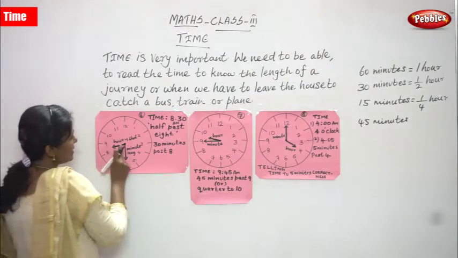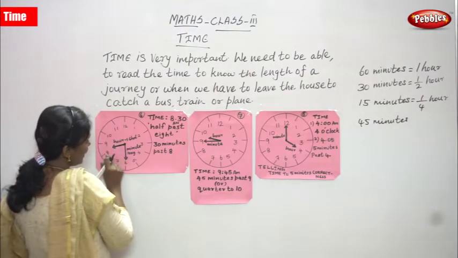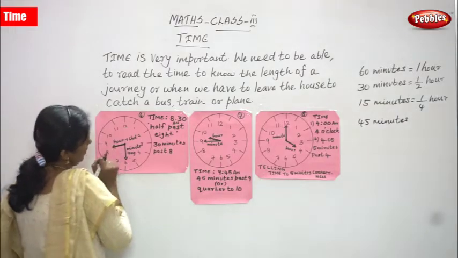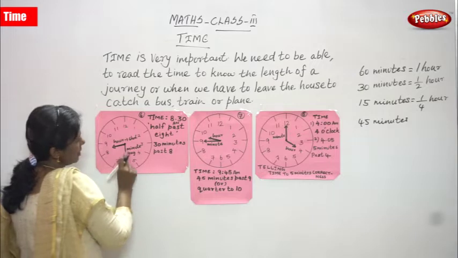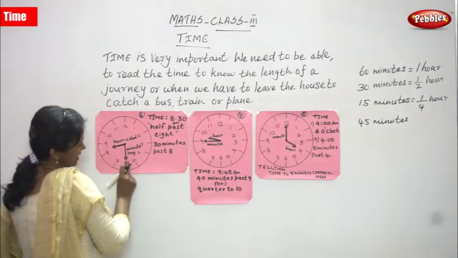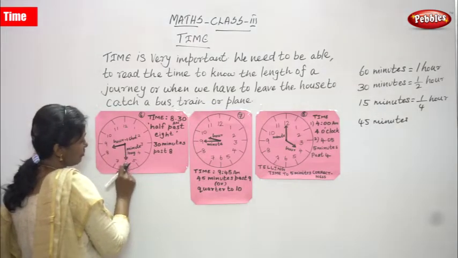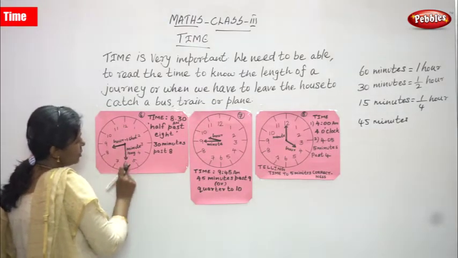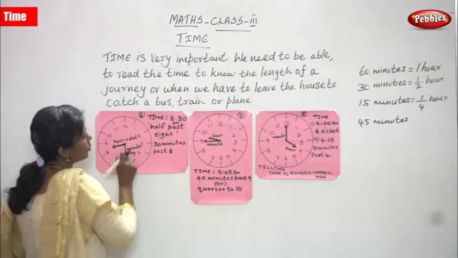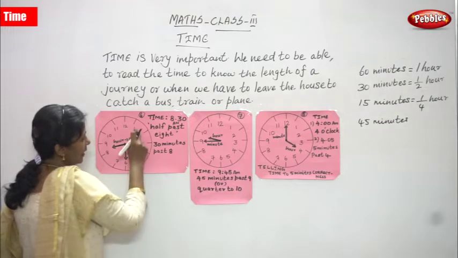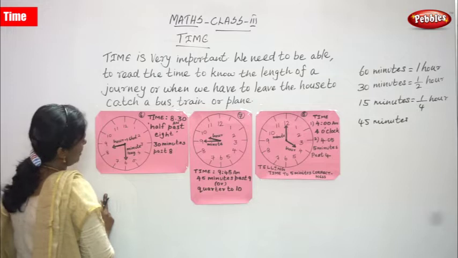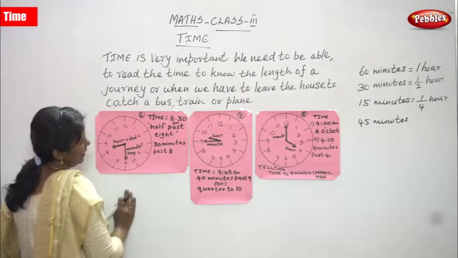Since the hour hand stands between 8 and 9, you consider the lower number, which is 8. The long hand shows 6, so you consider each number as 5 minutes: 5, 10, 15, 20, 25, 30. So the time is now 8:30 a.m.